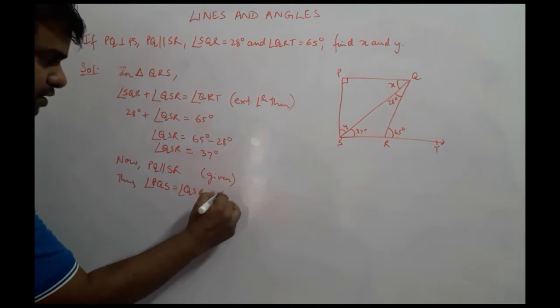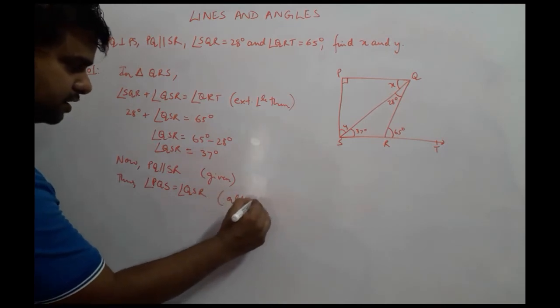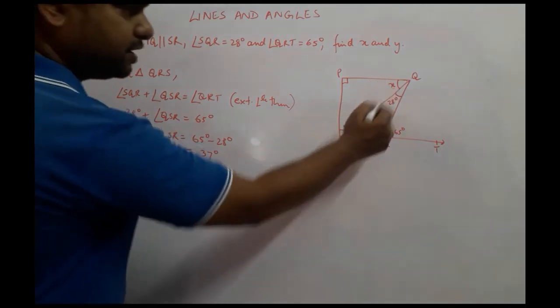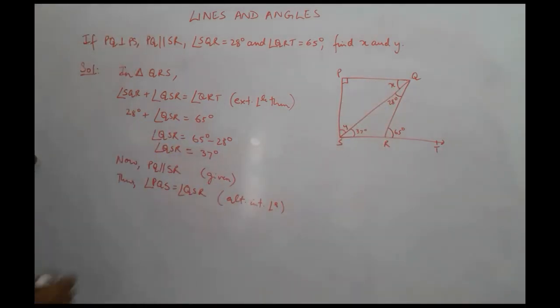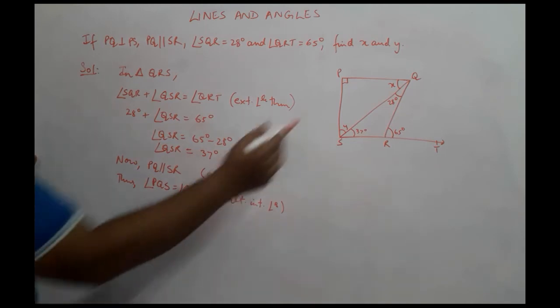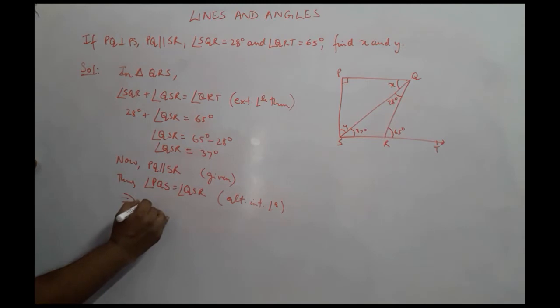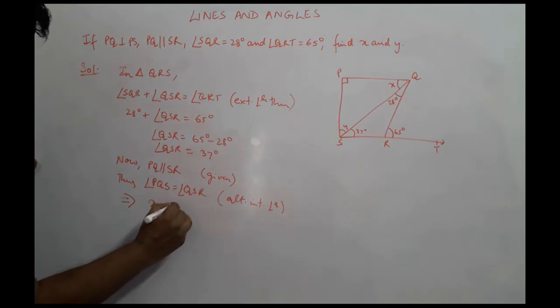How? Alternate interior angles. So these are alternate interior angles. Okay, and we know QSR is equal to 37 degrees. This implies that X is equal to 37 degrees.